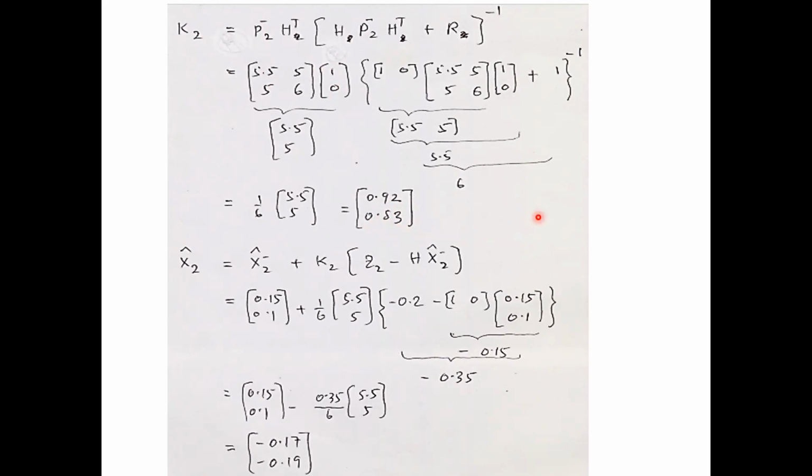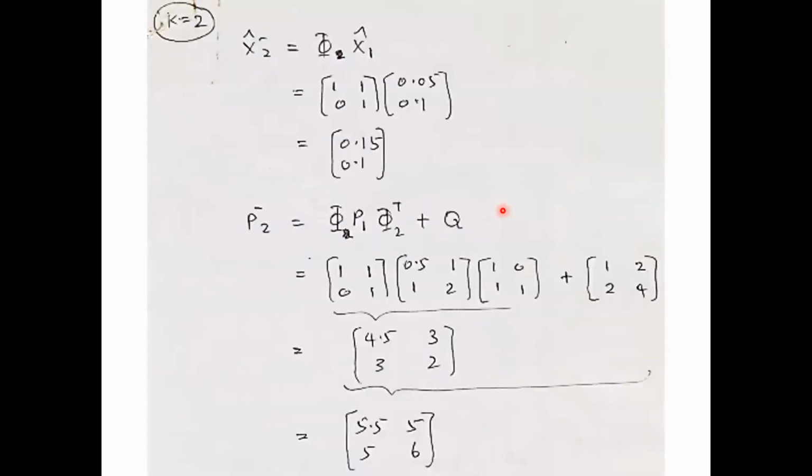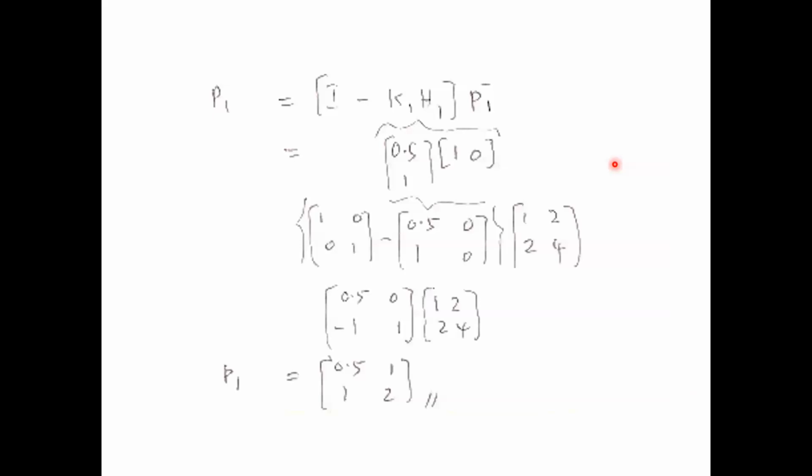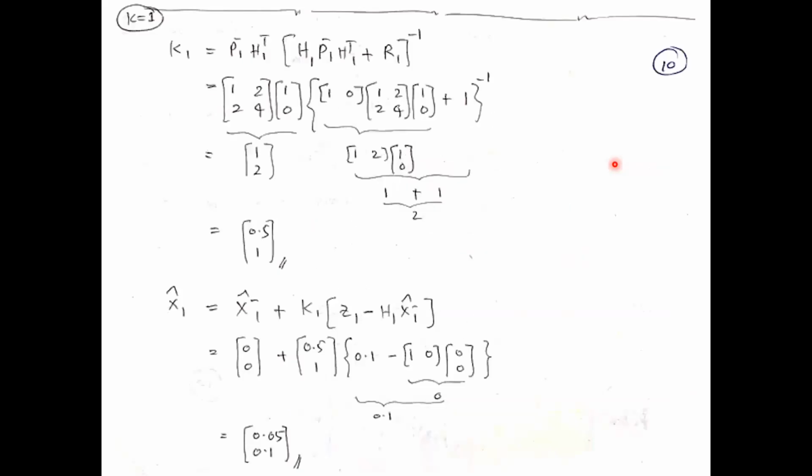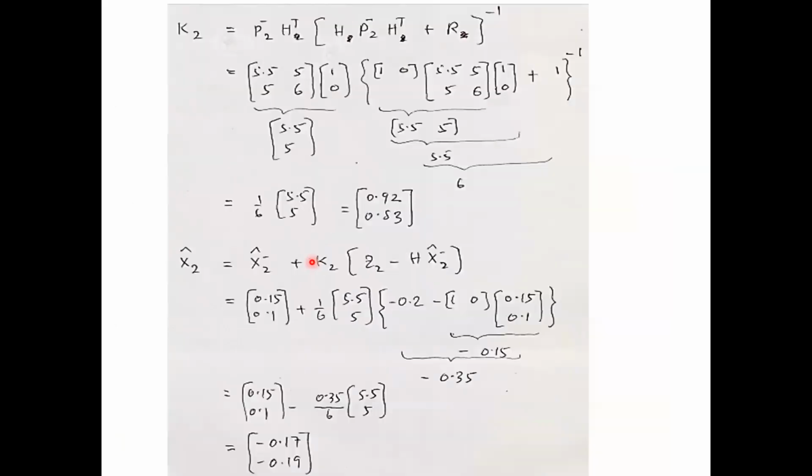If you look at the Kalman gain in the previous moment, it was 0.5 and 1, but now the gain has changed to 0.92 and 0.83.